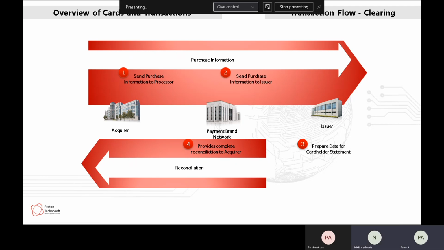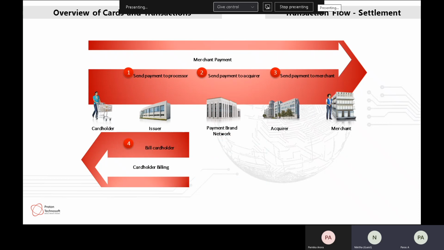Then the T plus 2. So this is T plus 1. Clearing is T plus 1, transaction plus 1 day. The next day, which is T plus 2, is when the actual settlement happens. In this settlement, the issuer bills the cardholder.